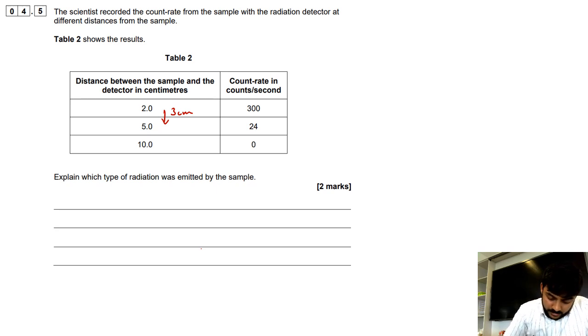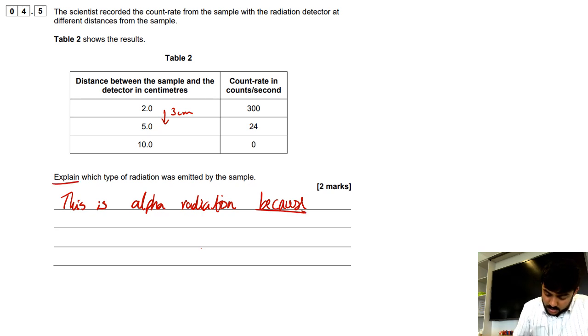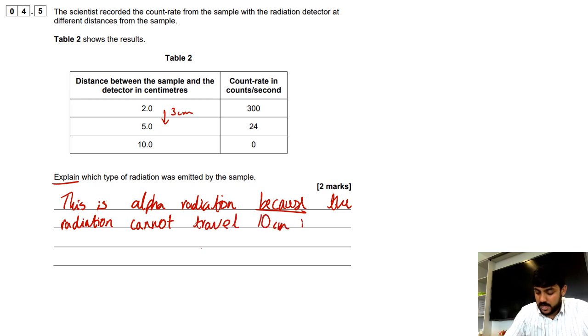So we say this is emitted by an, this is alpha radiation, because it's an explain question, so you use the word because the radiation cannot travel 10 centimeters in air.